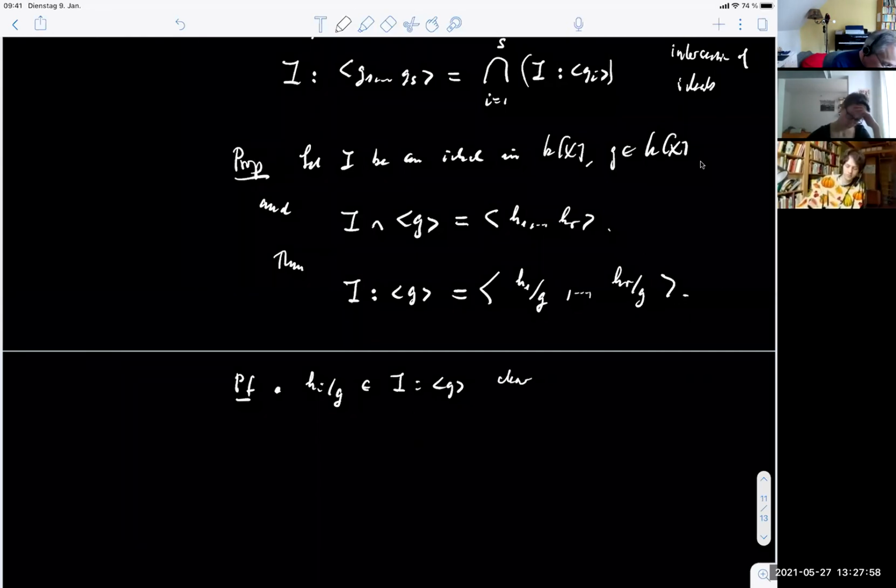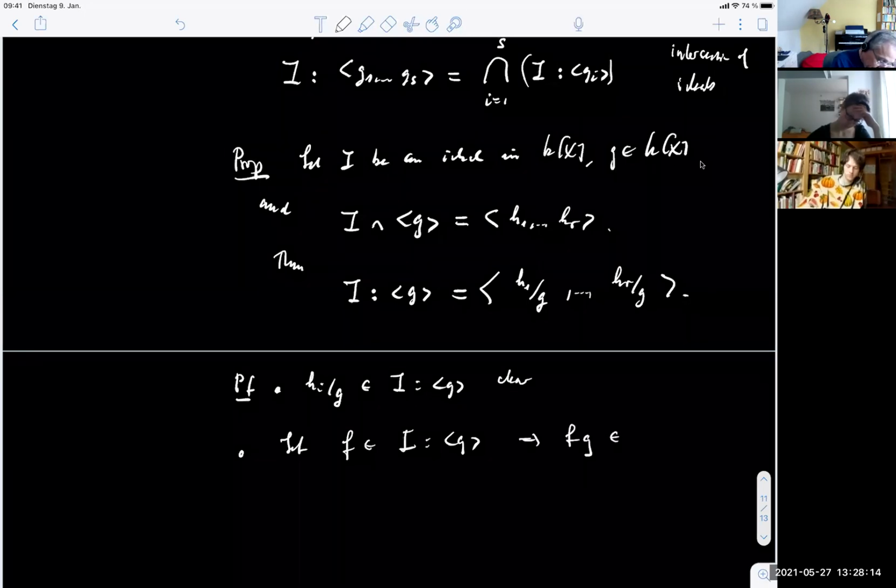This gives one inclusion, and the other inclusion is this. Let's say I have an f in the ideal quotient. Then when I multiply f with g, by definition of the ideal quotient, I'm in I. But I'm also in the principal ideal because this is a multiple of g.